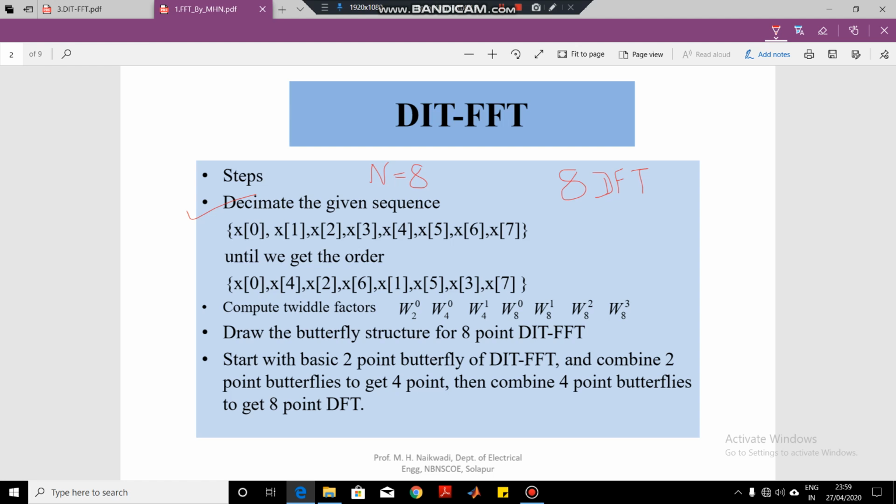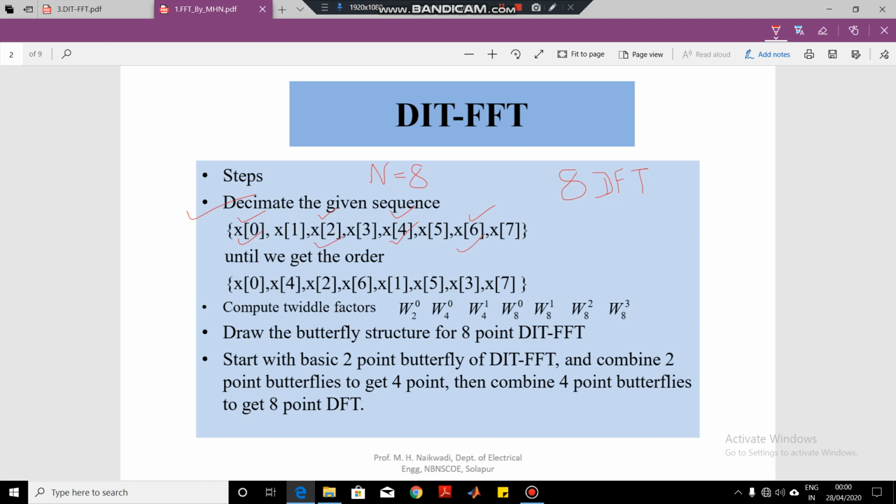What we have to do is separate the even and odd samples first. From the given samples, first let us separate the even samples: 0, 2, 4 and 6. These are our even samples. If we divide these again, considering only the even samples, we will get 0, 4, then 2 and then 6.